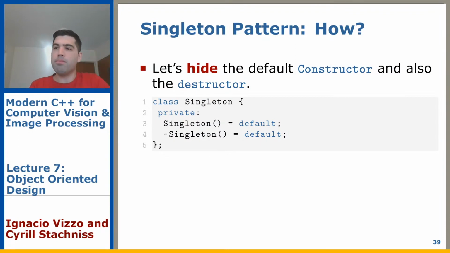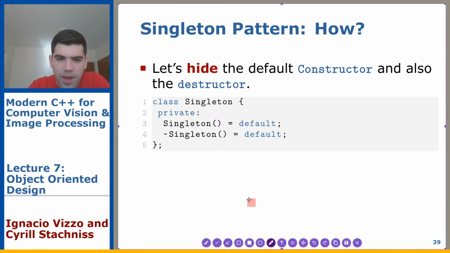So how do we implement this Singleton pattern? We want one unique class across the program. So first of all, let's hide the default constructor and the destructor. So we are saying we have one Singleton class, let's call it, and you have the default constructor and the default destructor, right?